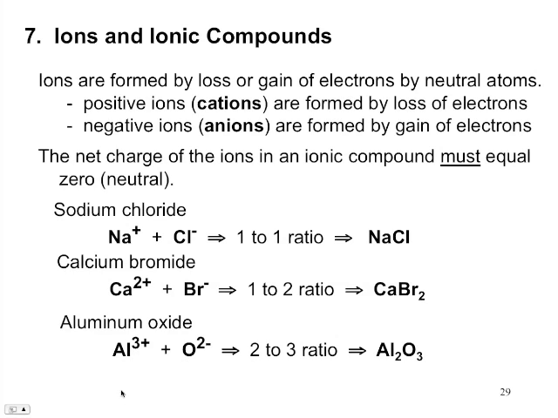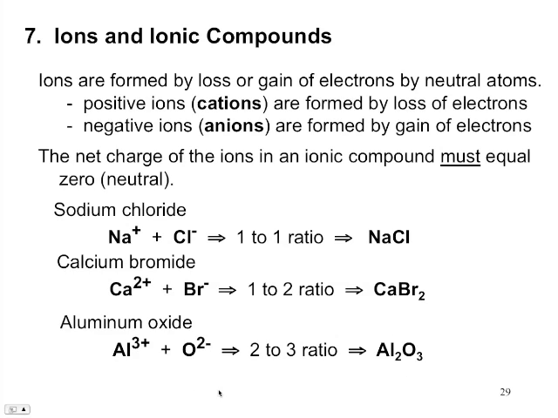So we have 2 aluminum ions, that would be a total of +6. 2 oxide ions, that would be a total of -2 plus -2 or -4, right? Well, +6 minus 4 gives us +2, so we're still not done. But now we realize that if we just add another oxide, 2-, we'll have everything that we need. So we need 2 aluminum ions and 3 oxides to give us an electrically neutral compound, Al2O3.